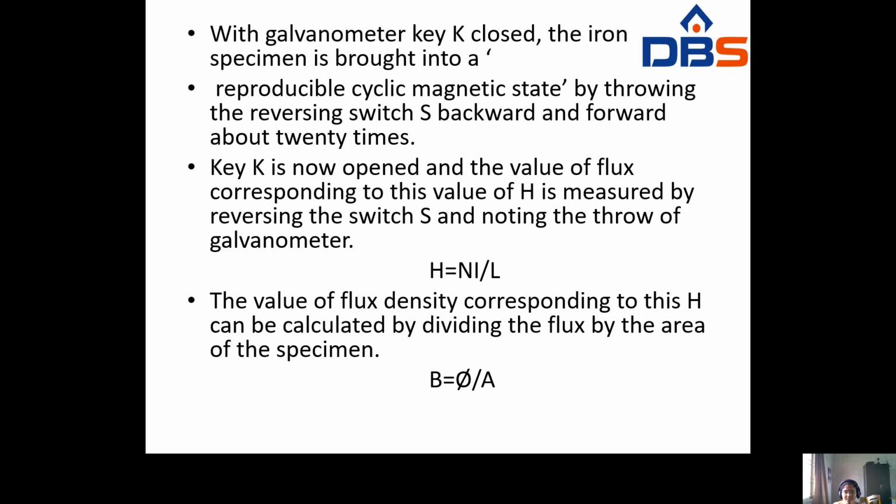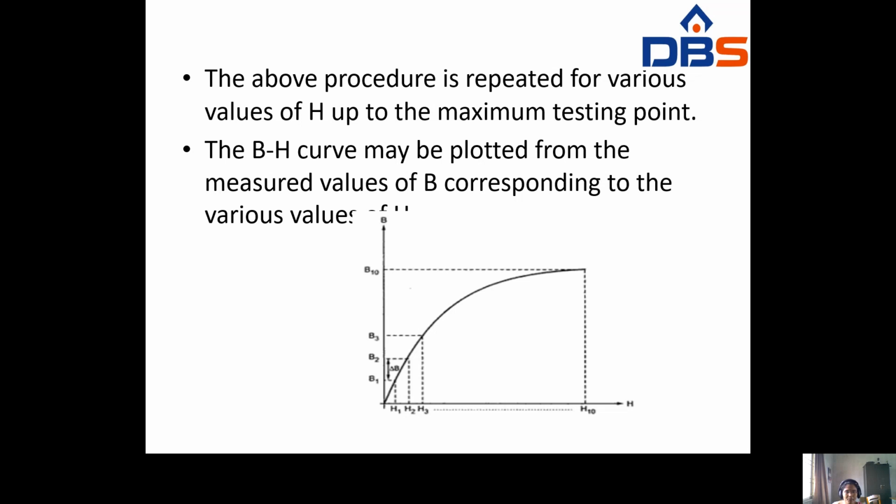The value of flux density corresponding to this H can be calculated by dividing the flux by the area of the specimen, since flux density is the flux per unit area. So you get B equal to phi by A.